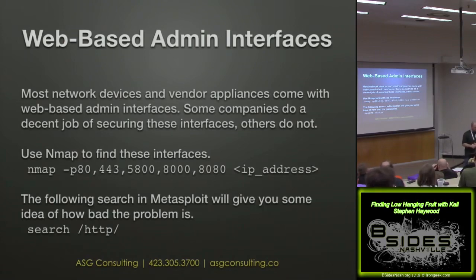If you want to see what Metasploit is capable of doing as far as HTTP exploits, if you do a search /HTTP/, it'll show you all the exploit and auxiliary modules that fall under HTTP exploits in Metasploit, and there's a lot of them out there.